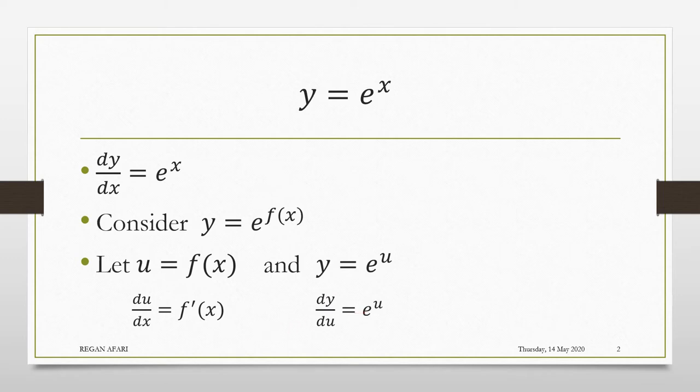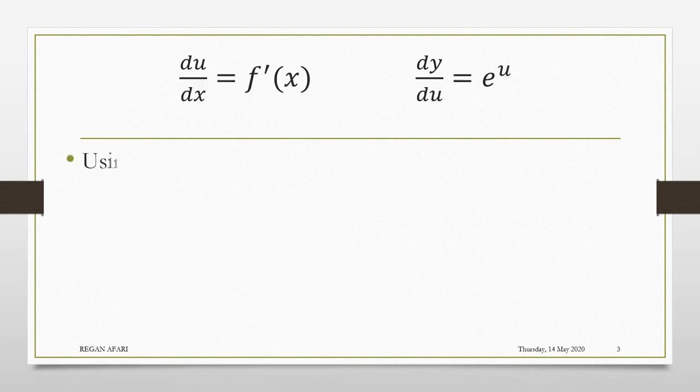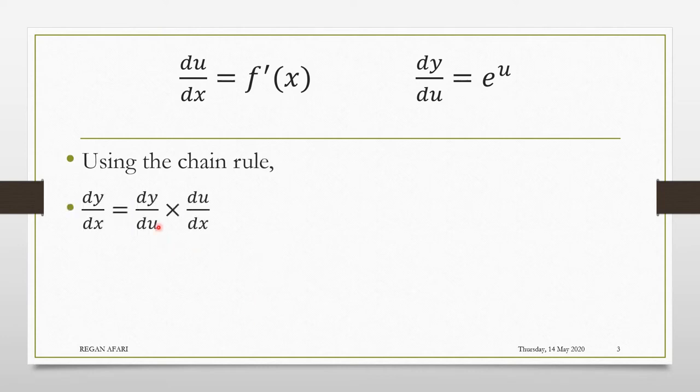Right, so now let's apply the chain rule on it and see what we get. By using the chain rule, our dy/dx is dy/du times du/dx. Remember, dy will start and dx will end it.